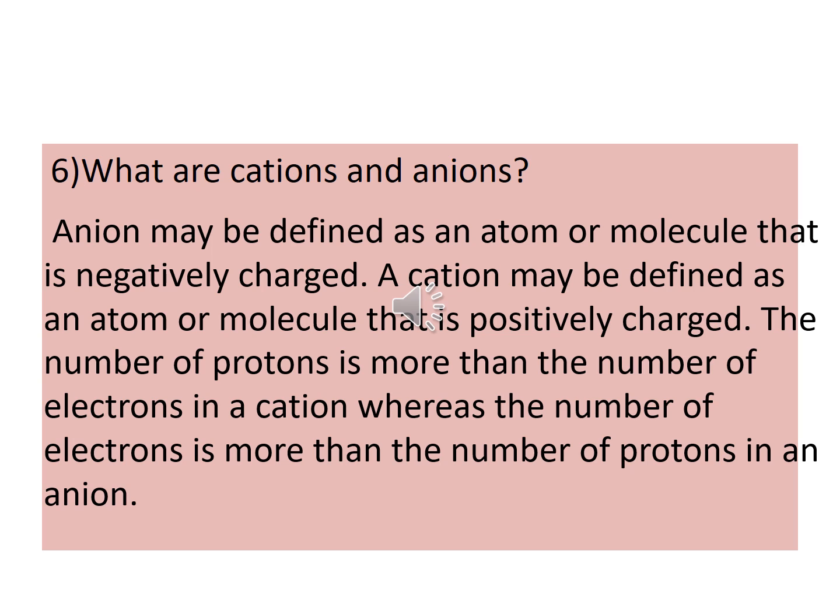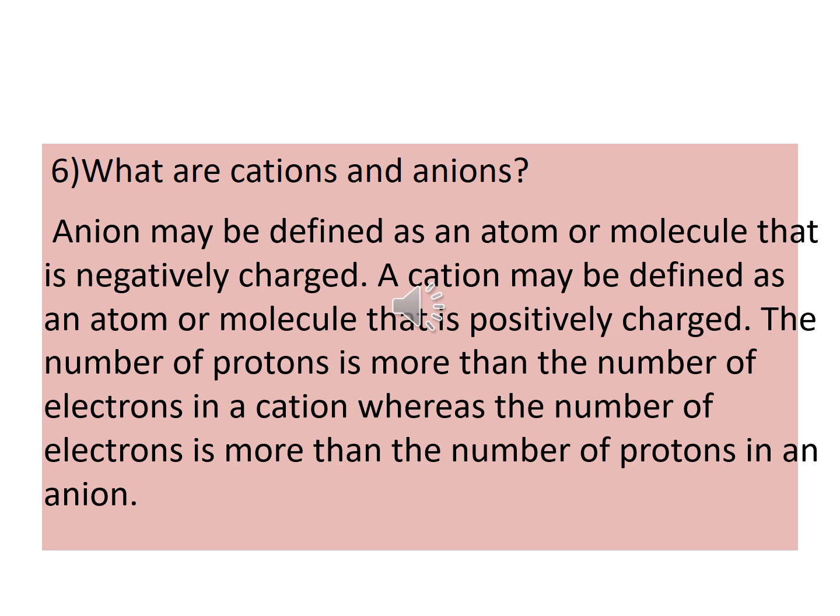Did you write, children? Are you ready to read with me? Okay, come on. Read. What are cations and anions? An anion may be defined as an atom or molecule that is negatively charged.